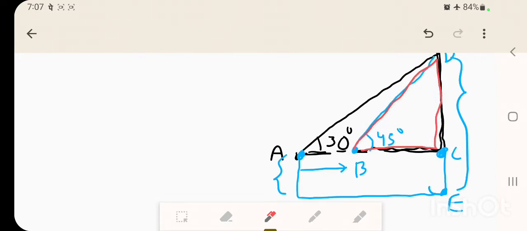BCD is a right angle triangle. Similarly we have another triangle, ACD. So these are the two right angle triangles.